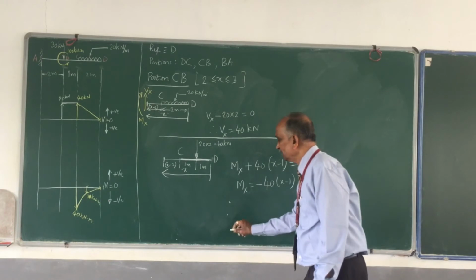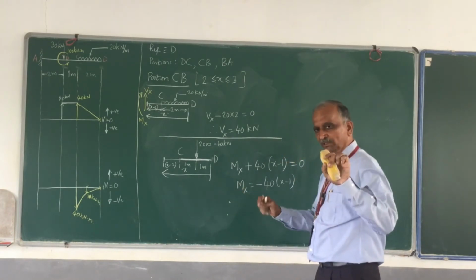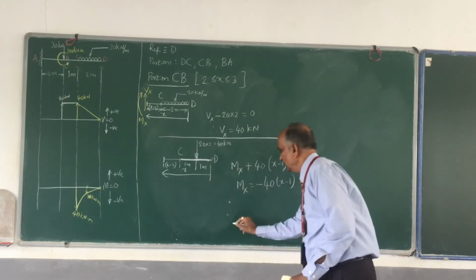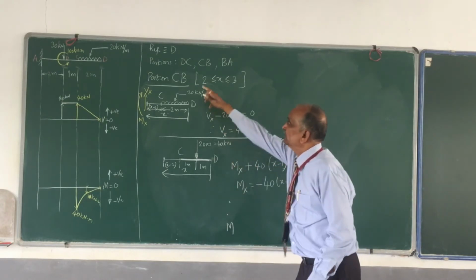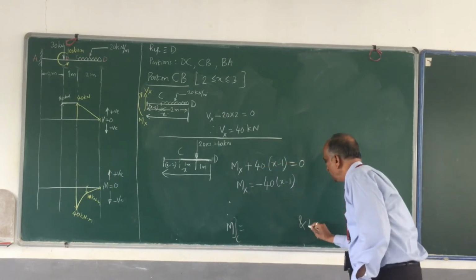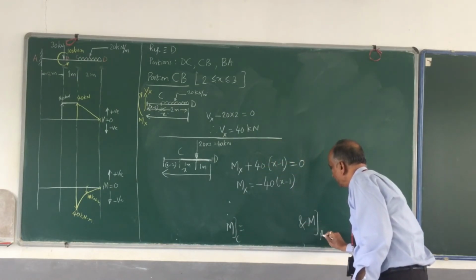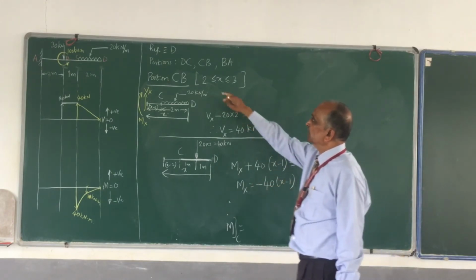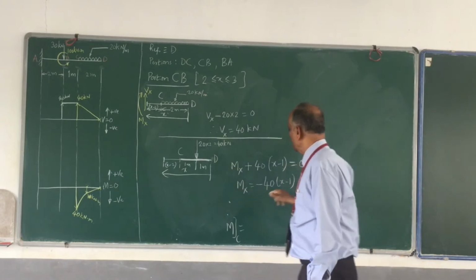If it is a straight line, then you need to know the bending moment at 2 points, join them, and you will get the variation. What are the 2 points? Bending moment at C and bending moment at B. To get bending moment at C, substitute the lower limit, x equal to 2.